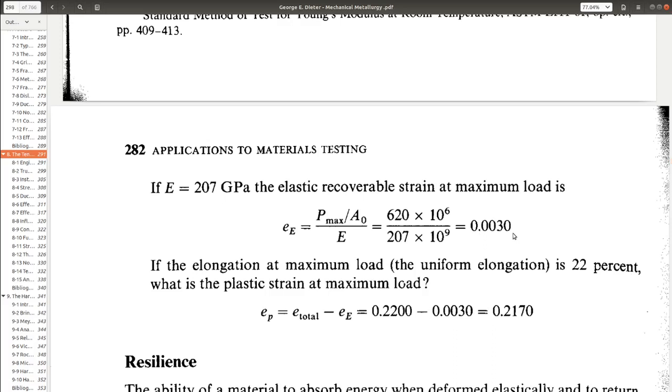The remaining is the plastic strain. So we just subtract this from this, which is 0.22 minus 0.003, which is 0.217. Okay, so we could measure various properties just with the stress strain curve.